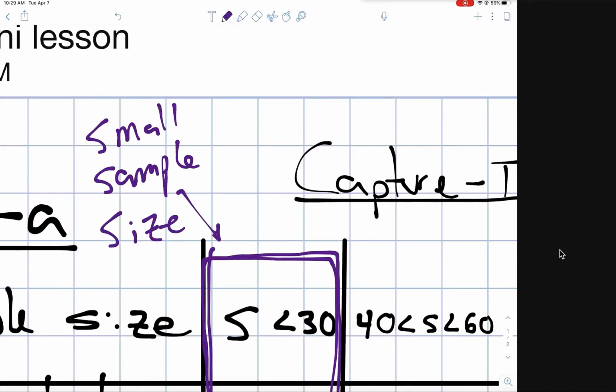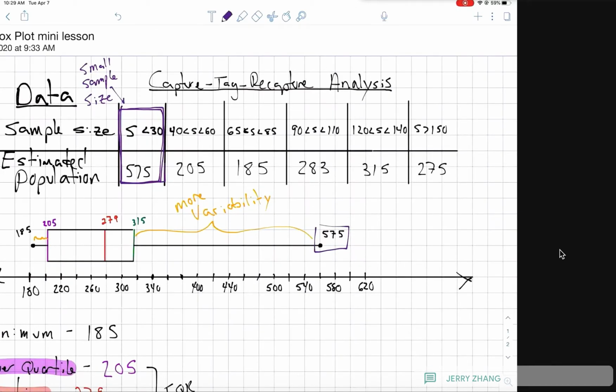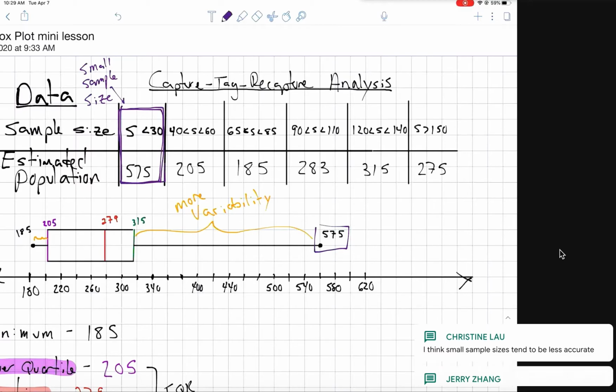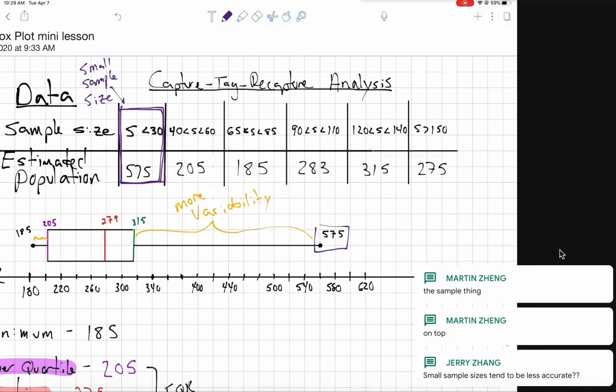I just missed that comment. Can you type it again? I'm sorry, Christine. I couldn't read it fast enough. What thing, Martin? Why are small sample sizes less accurate? That's a good idea. Why do we think small sample sizes are less accurate?